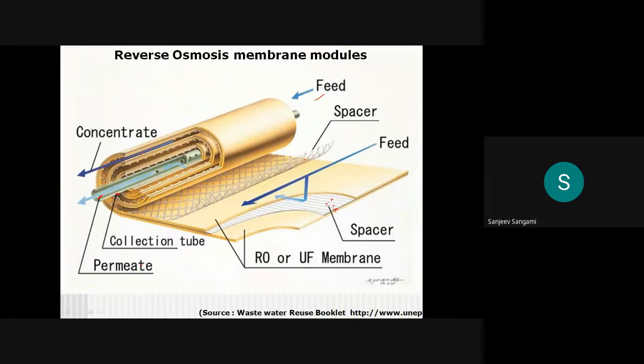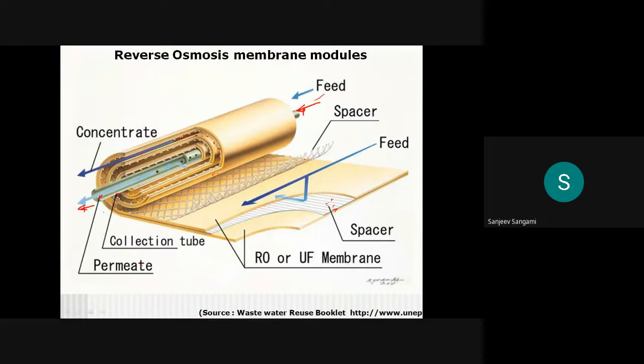Normally inside it will be like this; here you can observe all these RO membranes.